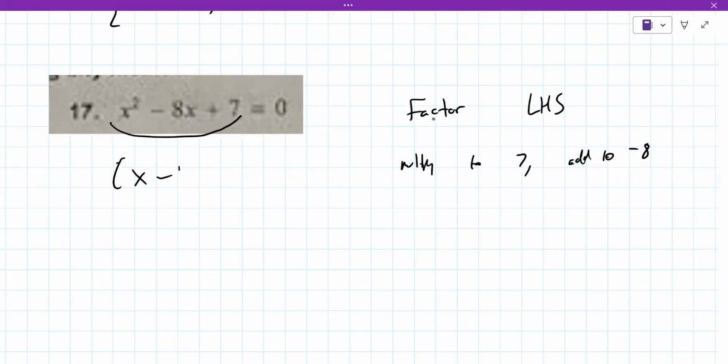Okay, so x minus 1, x minus 7 equals 0, like that.